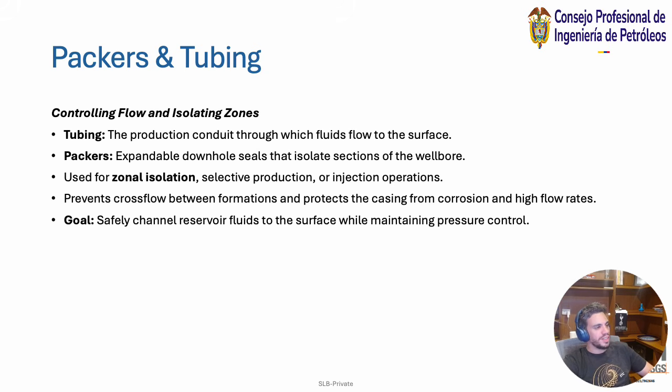And you want to prevent any cross flow between formations and protect the casing from corrosion and high flow rates. So again, this goes back to that you want to manage and safely channel the reservoir fluids to the surface while maintaining the pressure control. So all of it is about the pressure, right?